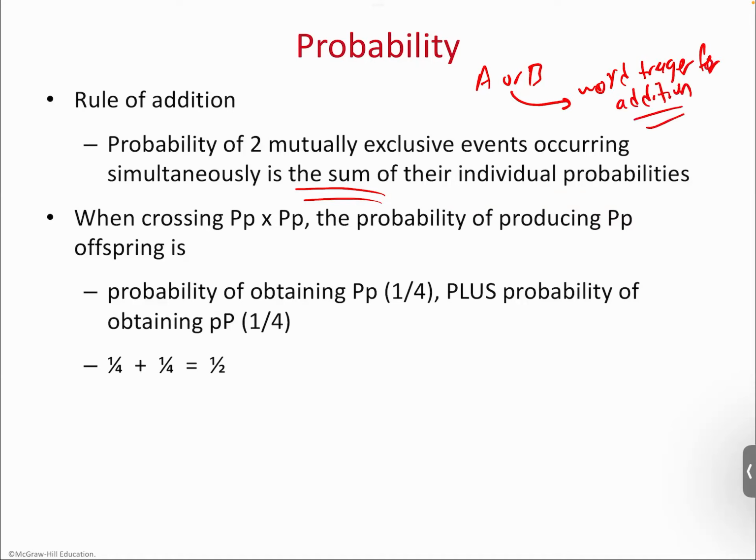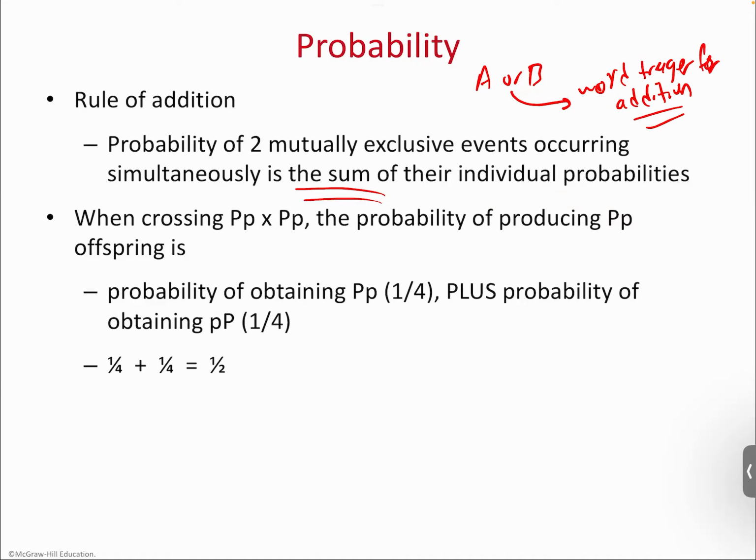We all remember learning that in school when we're diagnosing word problems. Anytime you see "or," it basically means it's an addition operation. So in this case, if you want it from A or B, then you add their individual probabilities.